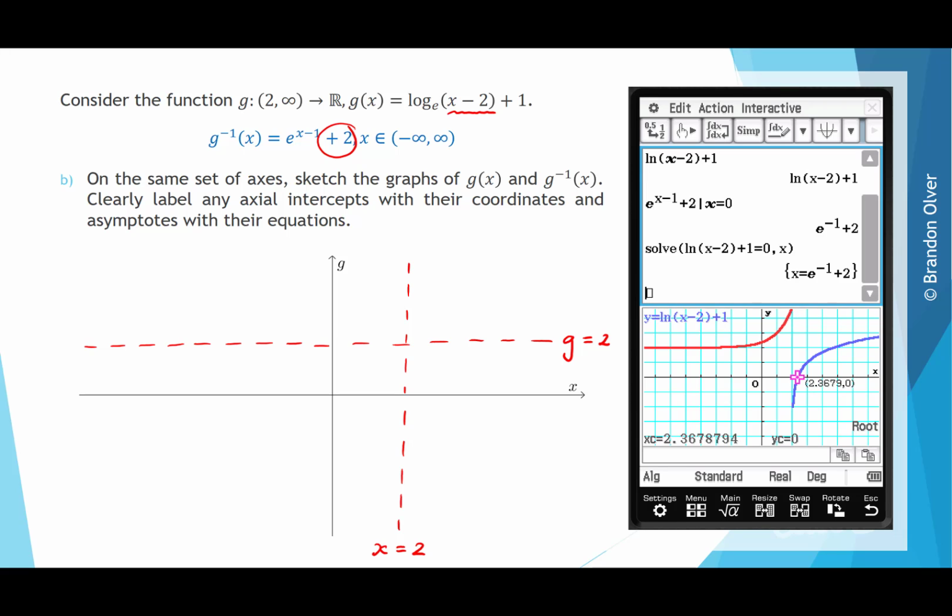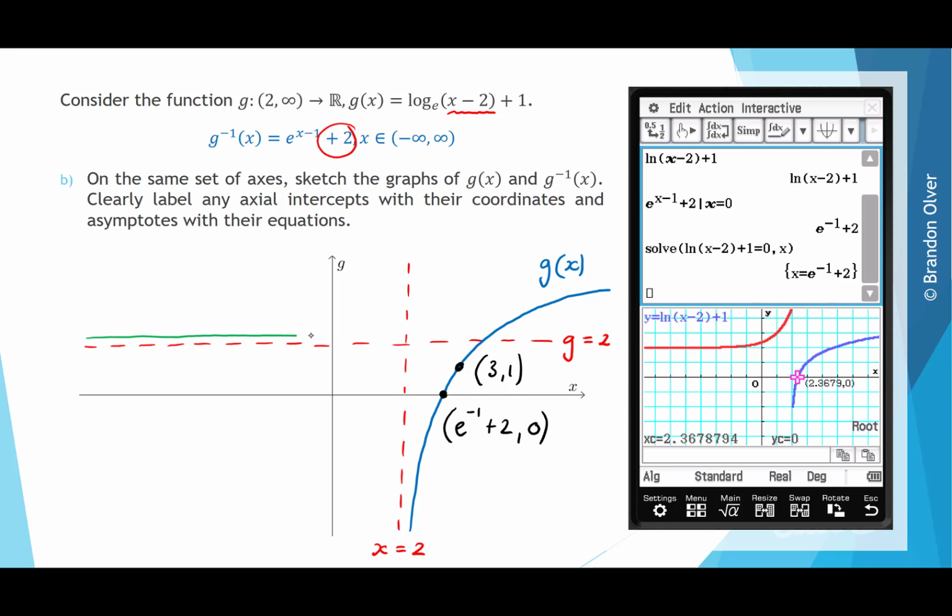For our original function g of x, it was a log graph that looked like this. And on the calculator, we found that it had an x-intercept of e to the power of negative 1 plus 2, 0. And another point that exists on this graph is the point 3, 1. And I'll leave it as a task for you to verify that that is a point on the graph. So in the blue, we've graphed g of x. And now in green, I'm going to sketch the inverse.